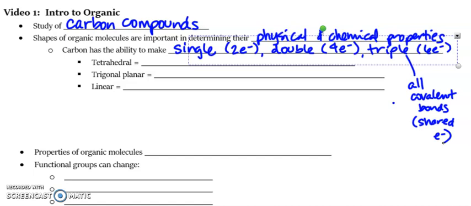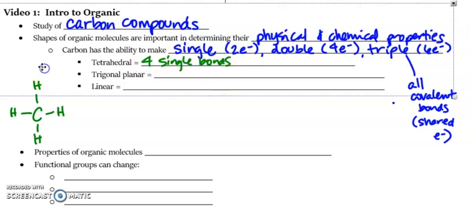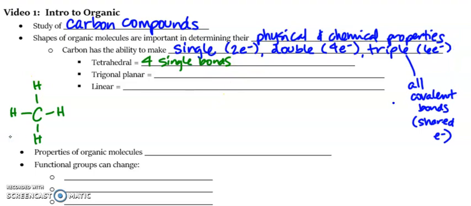So shapes that carbon can form are tetrahedral, trigonal planar, and linear. Tetrahedral is going to be when you have carbon like this, like methane, for example, that has 4 single bonds. And these 4 bonds are made of 1 s orbital and 3 p orbitals.